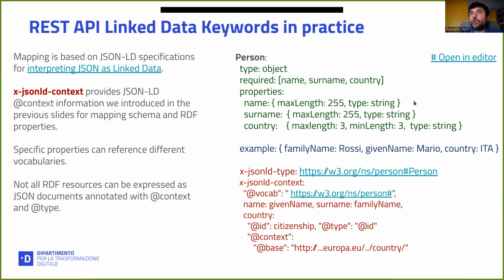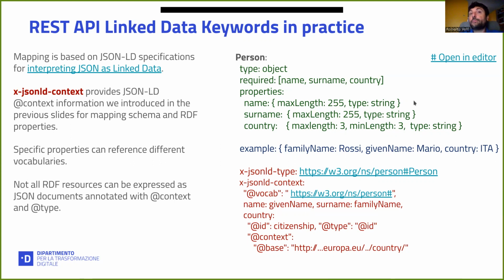Another point to remark is that not all RDF resources can be expressed as JSON documents annotated with context and type, but this can be improved in time into the JSON-LD specification.